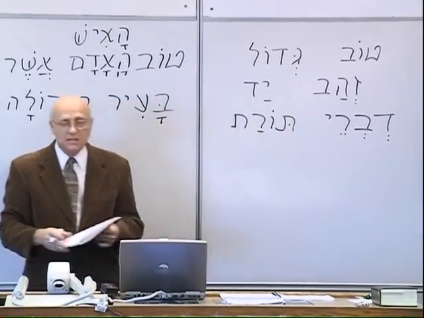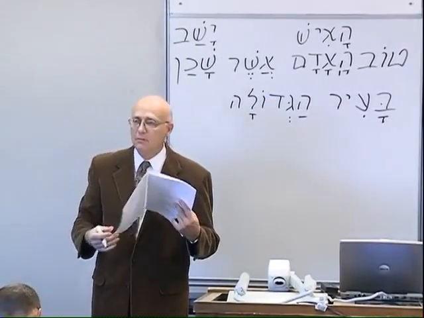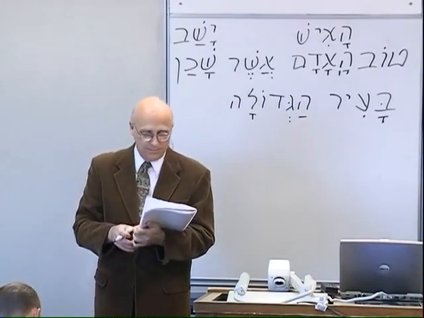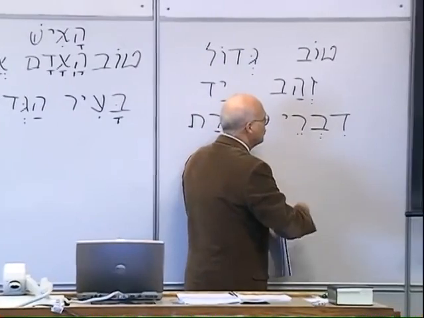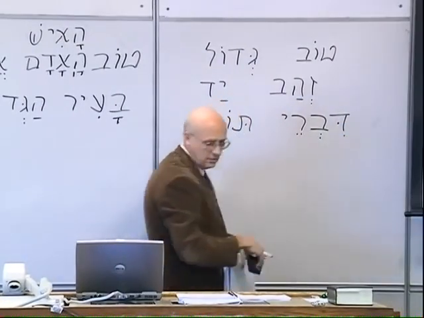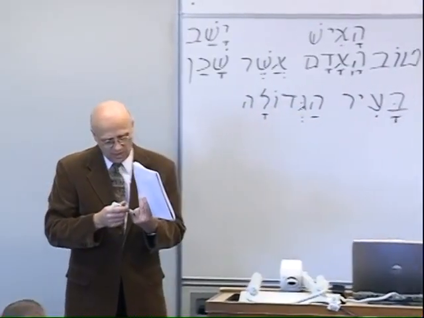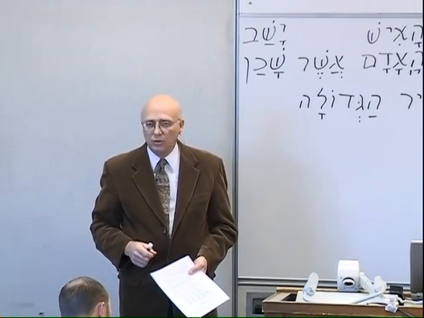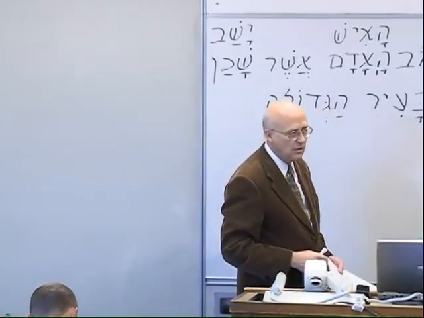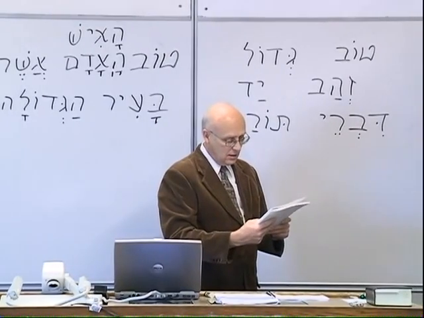Why do we have a hiriq there? Anyone? Eric? Yeah, here it. Not a schwa. Oh, yeah, it should be a schwa, excuse me. Yeah, and you also should have a dagesh in the daleth. All right? Divrei. Why is this hiriq at the beginning? Can't have two schwas at the beginning of a word. All right?